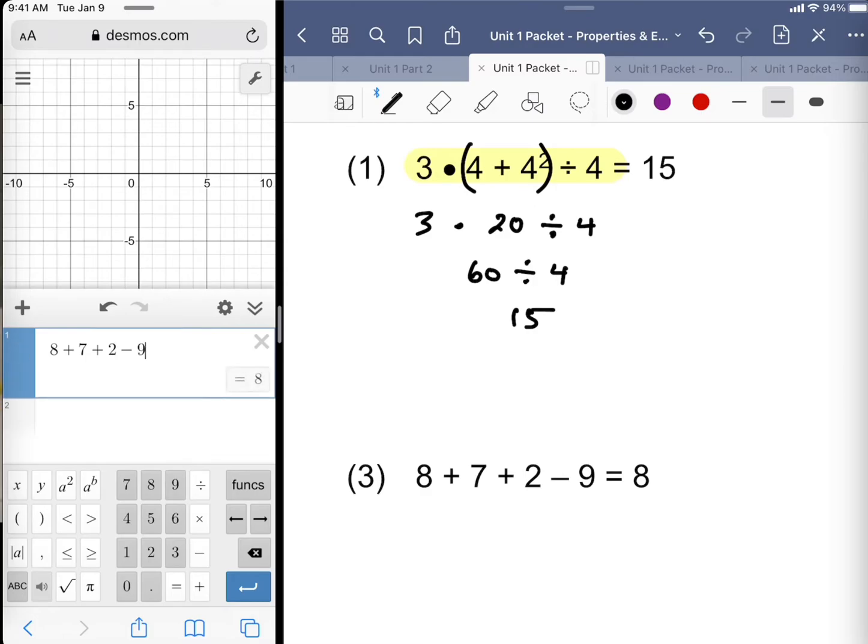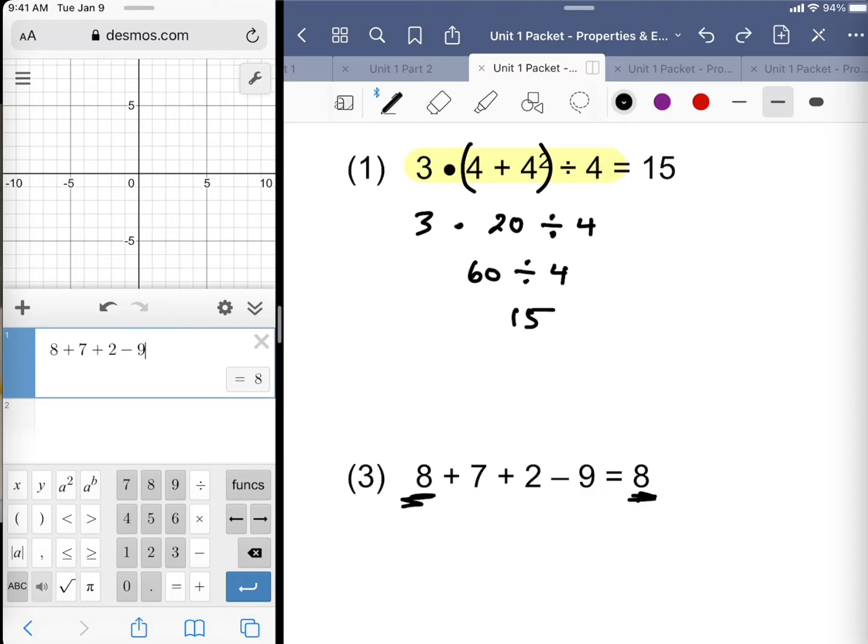Sometimes it just gives it away. But I'm also thinking, if only I could keep this 8 just the way it is, thinking of the identity relationship from 3 classes ago. If this could stay put, that would be great, which would mean that all this other stuff would have to be equal to 0. If all this other stuff equaled 0, that would be perfect.